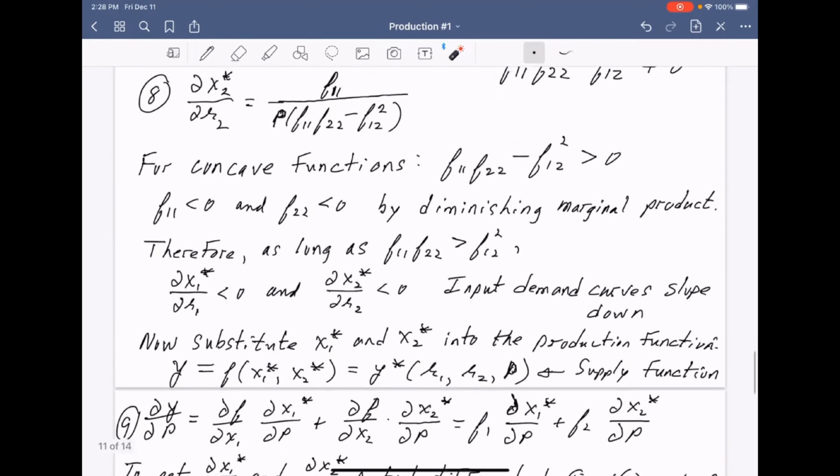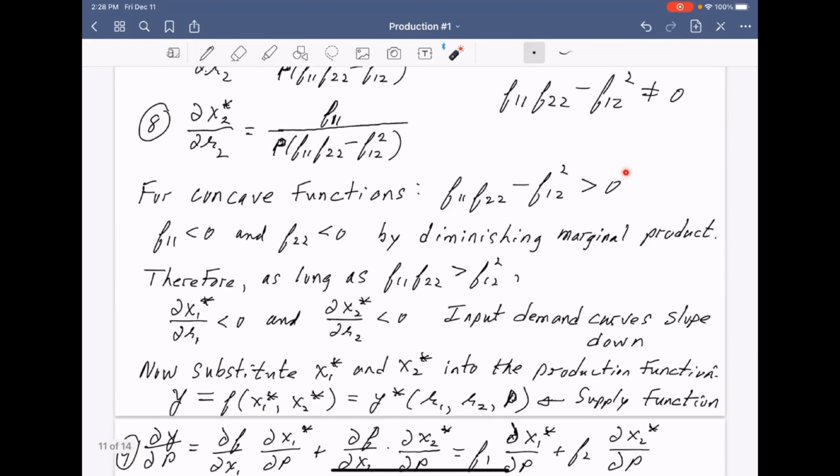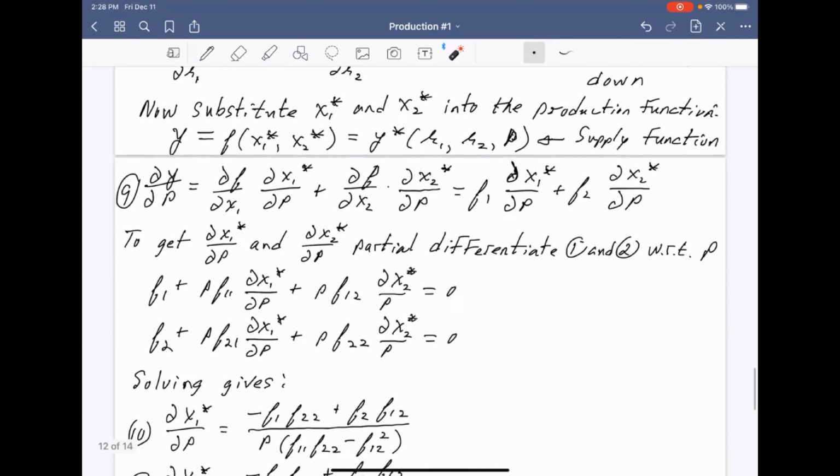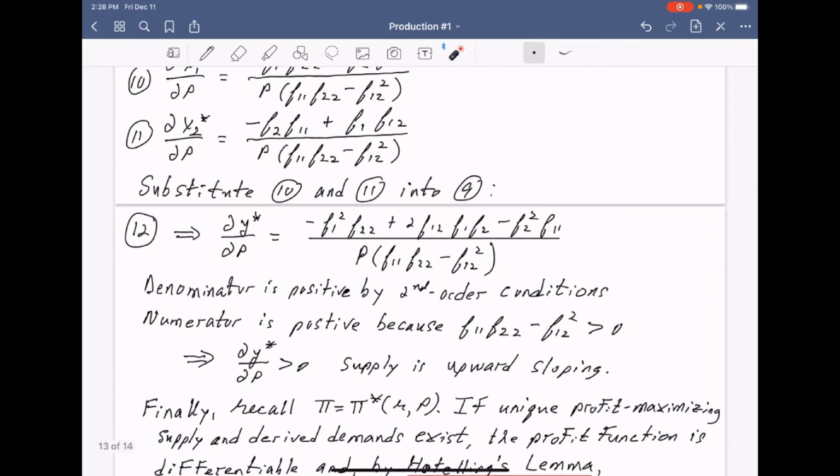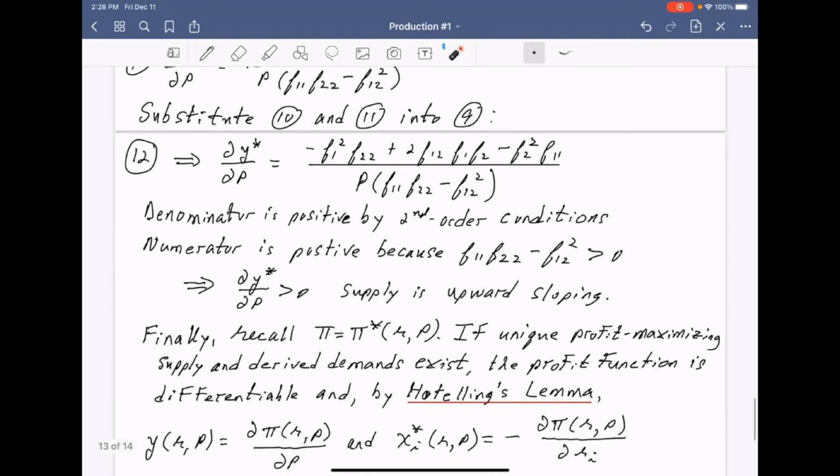If we have a concave function, then this has to be positive, and we certainly have a concave function here. And the top then, this is positive, this is negative, so this is a positive number. And likewise, this part is positive, and this is negative because of diminishing marginal productivity. As a result, the numerator is positive as well.